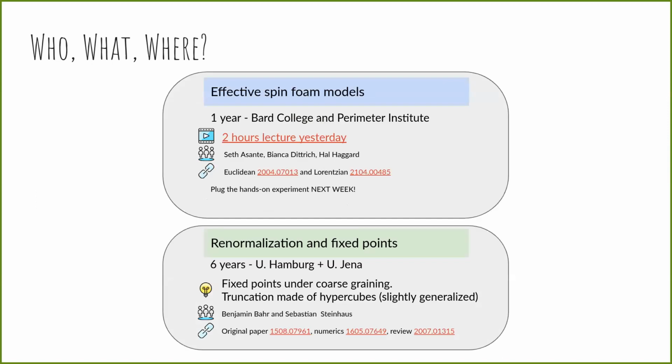There are two other approaches that I want to mention very briefly. One, because you already had 2-hour lectures yesterday about effective spin foam models. It's also a very recent approach, mainly developed by Hal, Bianca, and Seth at Bard College and PI.